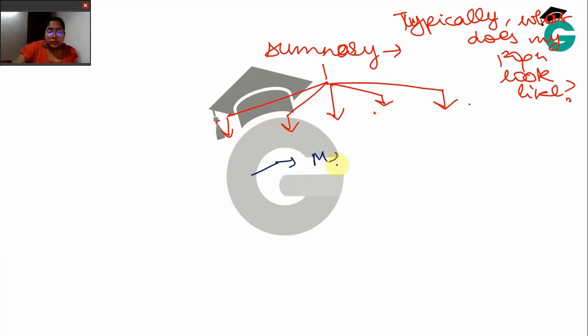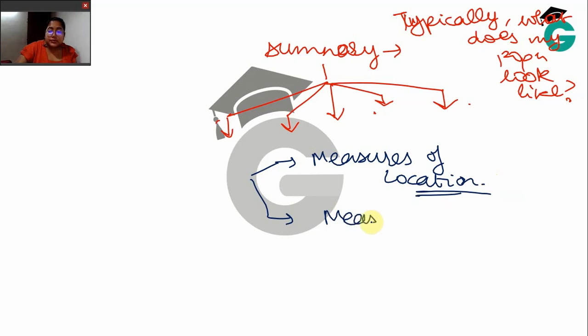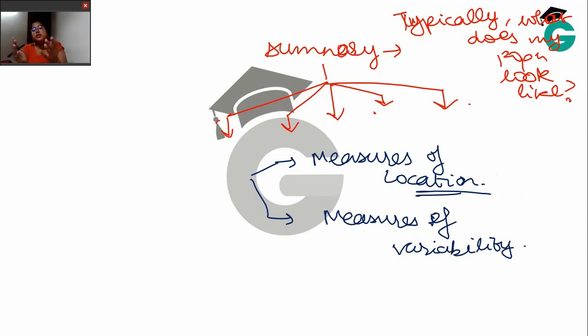There are measures of location, which tell you literally where your data is located, right? And there are measures of variability, which tell you around that point where your data is located, how much does it vary. Measures of location tell you what that point is. Measures of variability tell you how your data behaves around that point. That's the basic difference between the two.